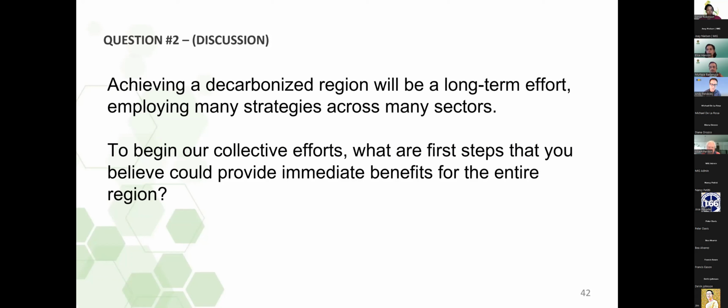And again, we say first steps and immediate knowing that we're looking at a very long-term perspective, right? As many as 20, 30 years to decarbonize our region. So what might be in the first few years, when we say immediate? What are some of those immediate steps in the first few years where we can start to see some meaningful results and get us good progress in moving forward overall?